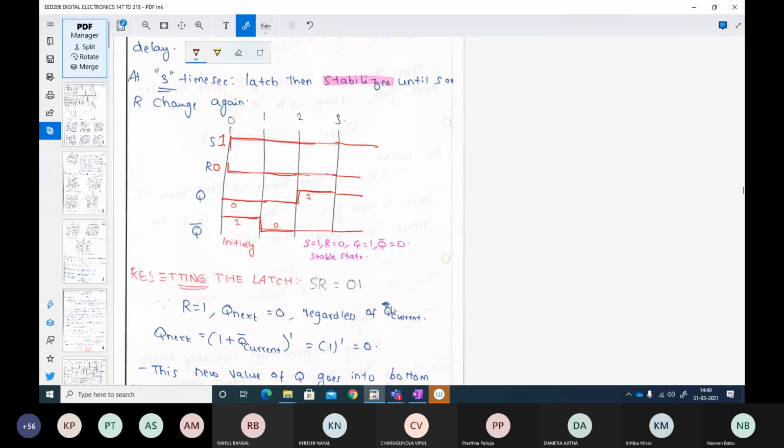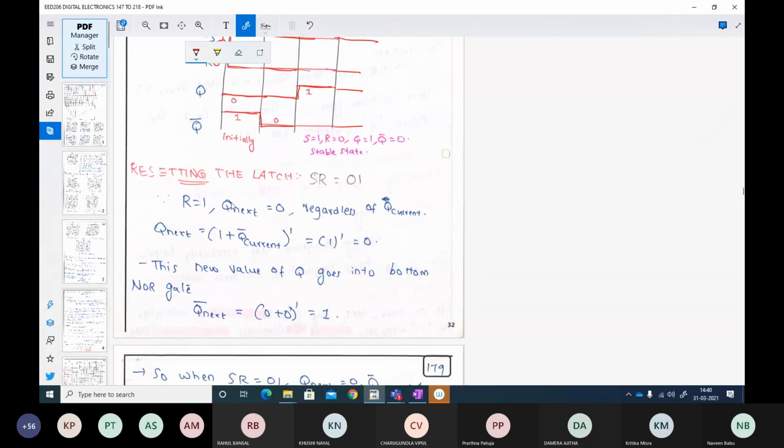Okay. So now let us look at the third input where we are resetting the latch. Resetting the latch means your R is 1 and S is 0. Again, when R is 1, this will affect your Q value. So Q next will be equal to the complement of (1 plus Q bar current).